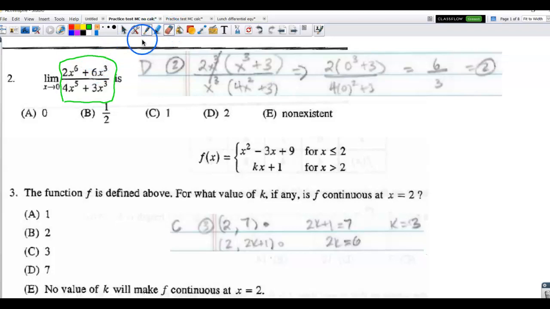So when you're finding limits, remember, the first thing you always want to try to do is direct substitution. However, we can see pretty quickly that if we substitute 0 in here, we'll get 0 in the denominator. So we can't use direct substitution. Now we're going to look at our strategies for limits, and hopefully when you look at this expression, you can see in the numerator and denominator there's a common factor.